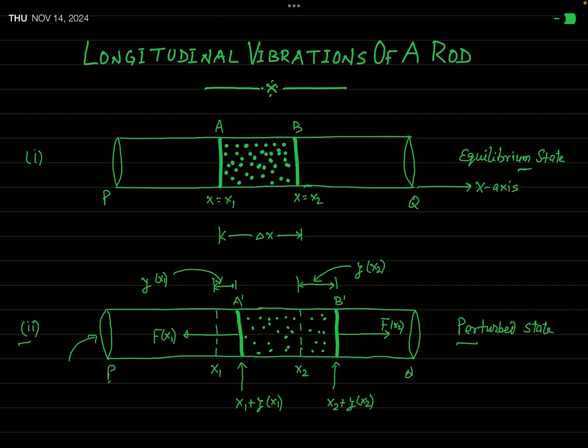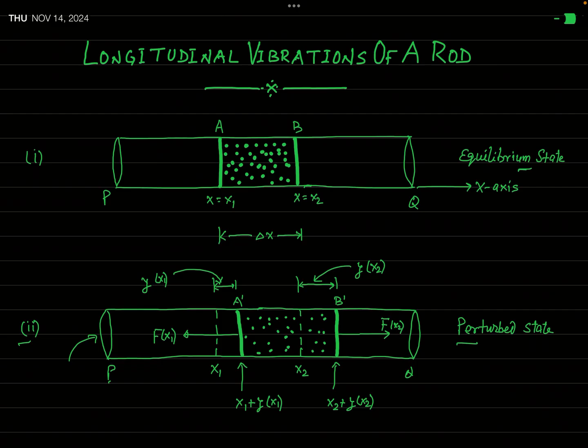Okay. Now let us see. For calculation we consider that our rod is made up of a large number of thin slices or thin elements. Among those large number of slices, in this figure I have shown only one slice, and this is AB.